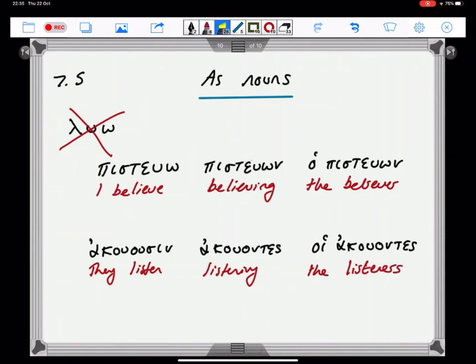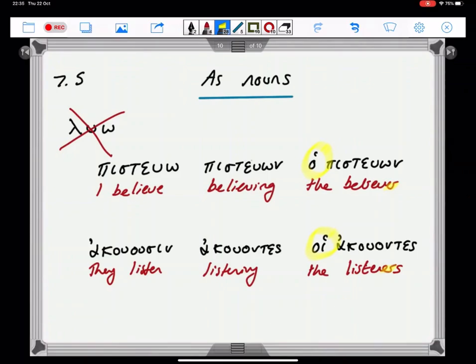In English, you use something like -er to make an agent out of a verb, the person who does it. In Greek, you do this by putting an article in front of the participle, and you then get the person who's doing the verb. And you could do that with any verb. I couldn't say the washer-upperer in English. That would just sound very silly.